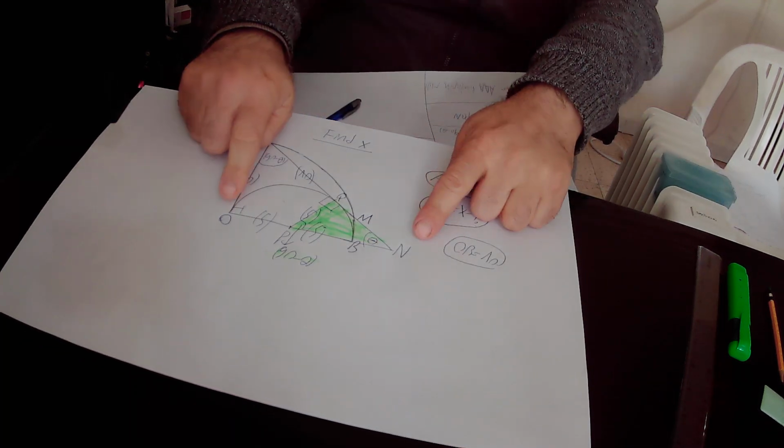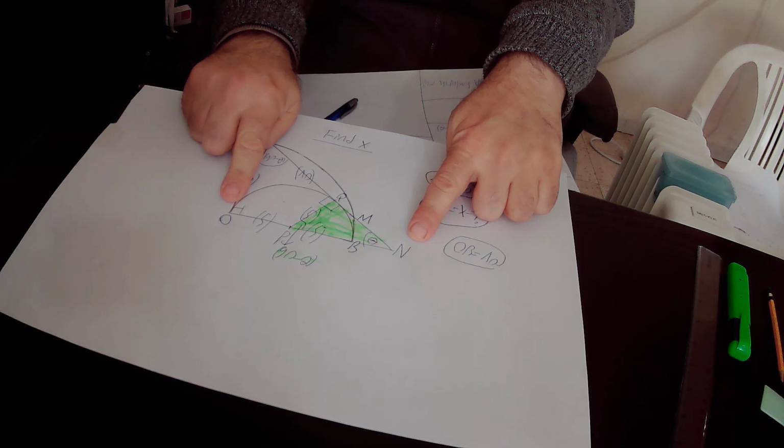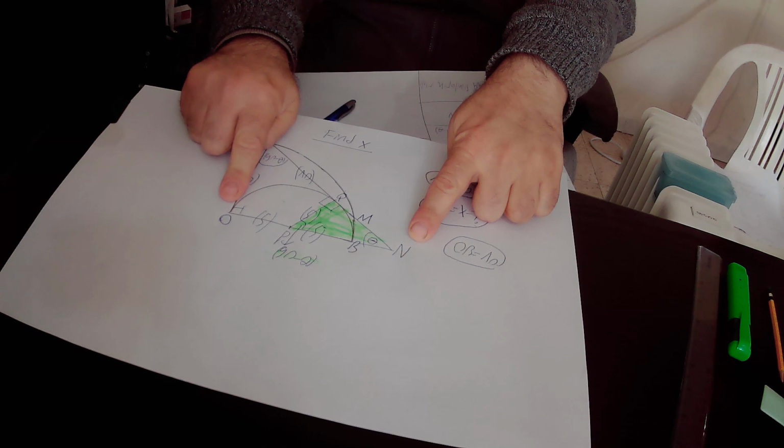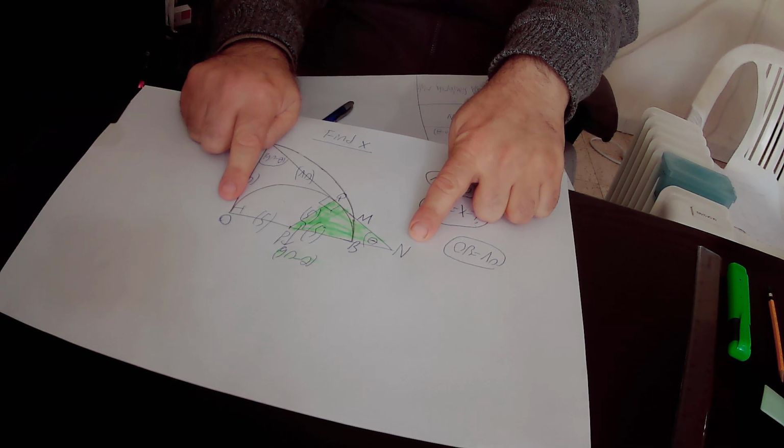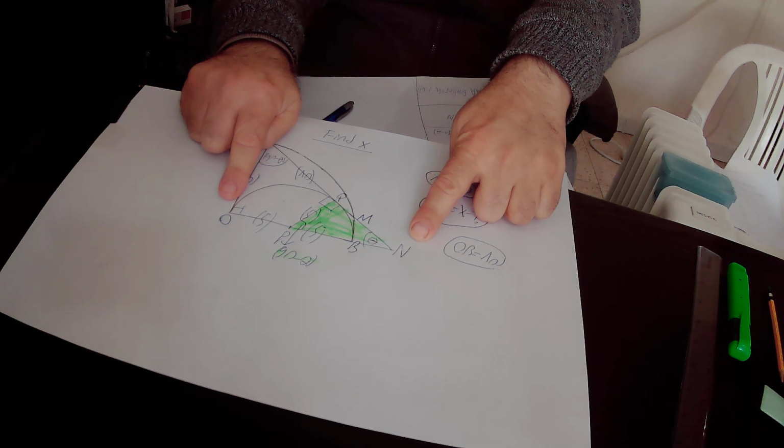What is the length of ON? From the drawing it is very easy to see that ON in total equals OP plus PB plus BN. That is to say ON equals OP, that is 5, plus PB, that is 5, plus BN. So in total ON equals 5 plus 5 is 10 plus BN. So ON equals 10 plus BN.